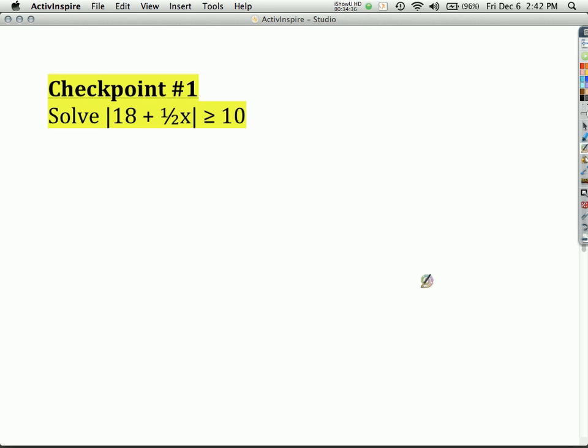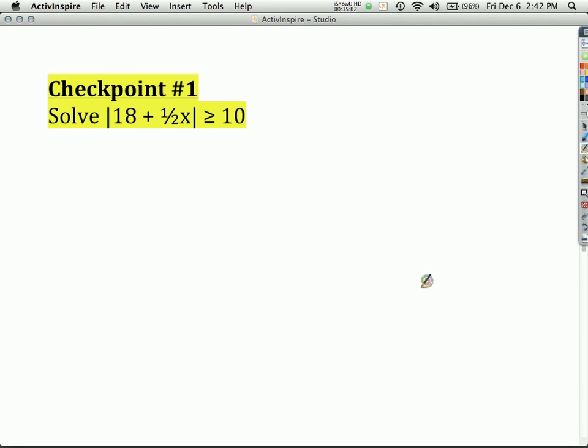All right, so let's see how we're doing so far. What did we get as our solution? Start with Ania, and then Catalina, then Hezekiah. Ania, what'd you get? Okay. X is greater than or equal to -16, or X is less than or equal to -16.